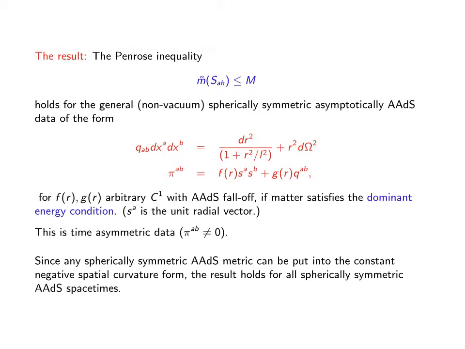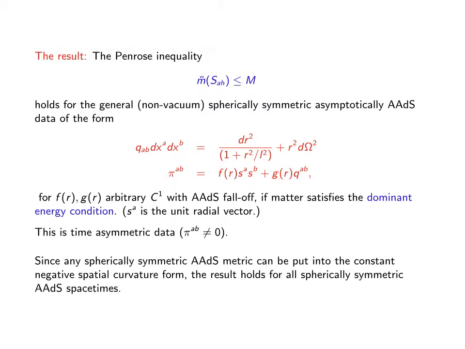This inequality holds for general spherically symmetric asymptotically AdS data of the form given by the following equations, where the 3-metric is just spatial slices of constant negative curvature, and the momenta is non-zero, in the sense that this is time asymmetric data. For time symmetric data, pi AB is 0.